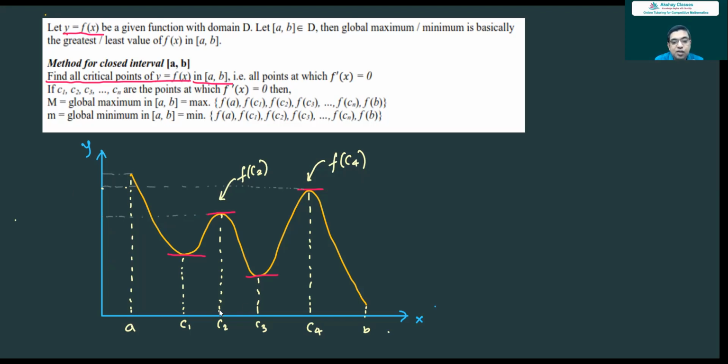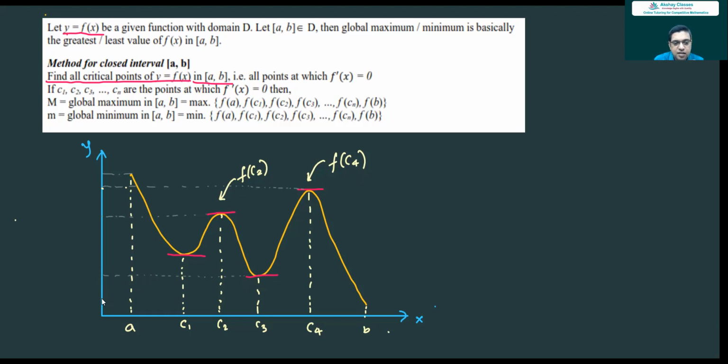So if we consider this closed interval AB, although f of C4 is the greatest of the values at the critical points, because of the interval under consideration, at the boundary we see that the function has the largest value. Now similarly the minimum: from amongst the critical points we can see that f of C3 is the least value.